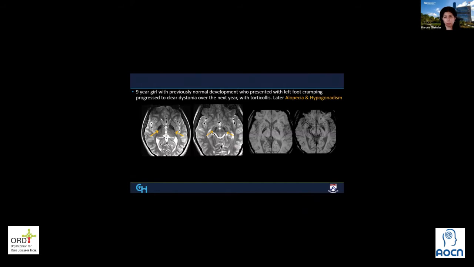And we thought, okay, we know that we are dealing with the NBIA group of disorders, but this didn't have the eye of the tiger, but it had some other things in addition to this. The findings of alopecia and hypogonadism, and the gene identified was DCAF17, and that was the clue to tell that this is the NBIA group, but this is the Woodhouse-Sakati syndrome.